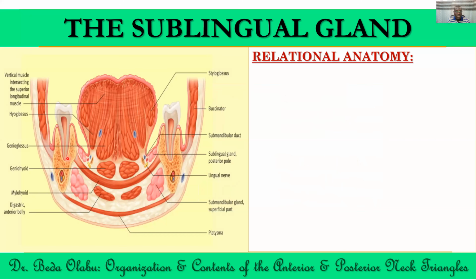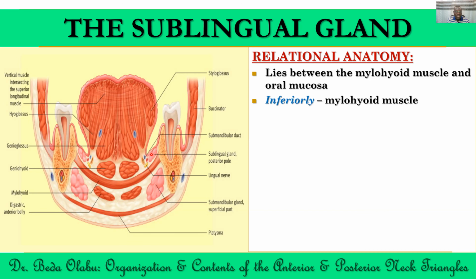Let's talk about the relational anatomy of the sublingual gland. Having mentioned that it lies between the mylohyoid muscle below and the mucosa of the oral cavity above, what are its relations? So inferiorly, the mylohyoid muscle, and superiorly, the mucosa of the oral cavity.